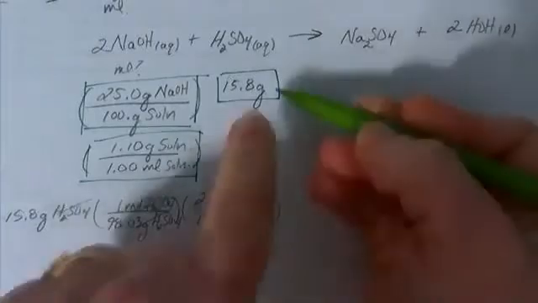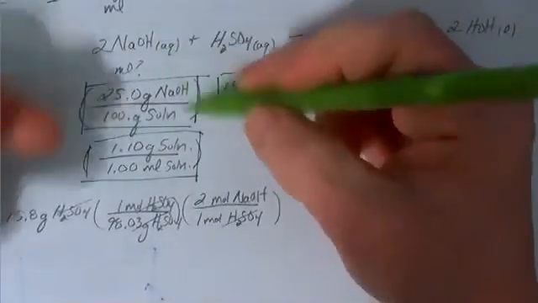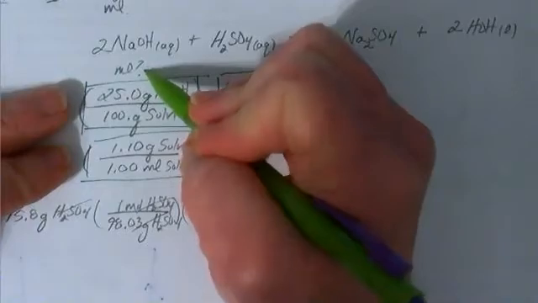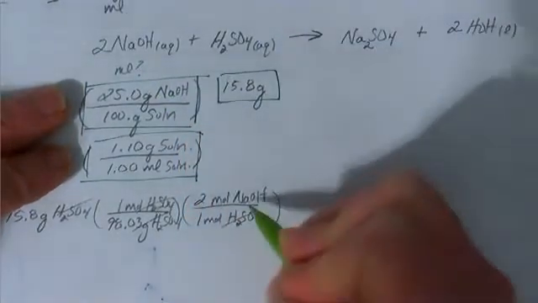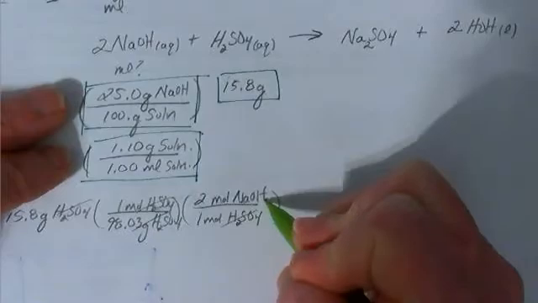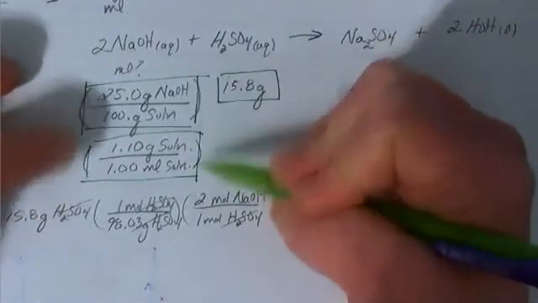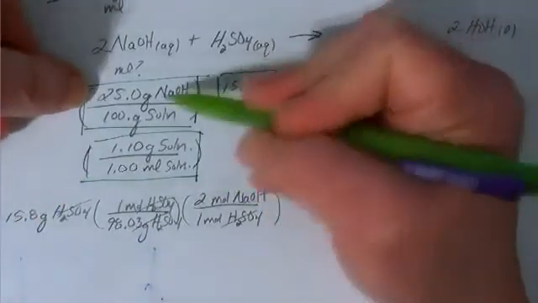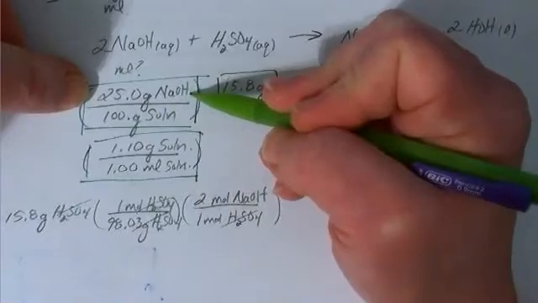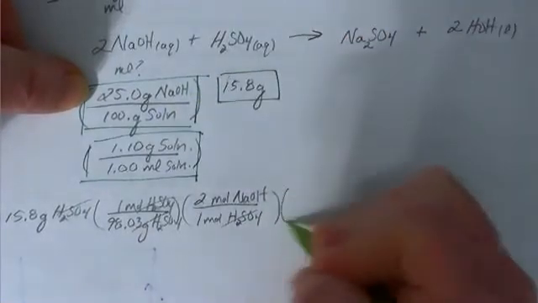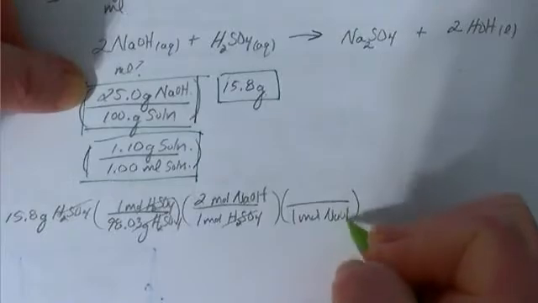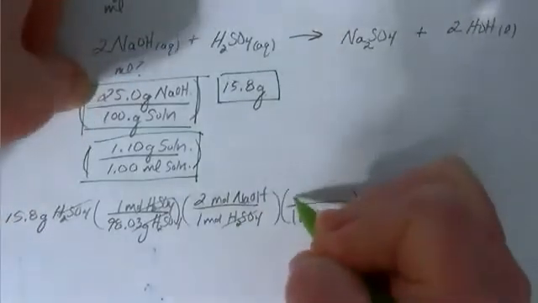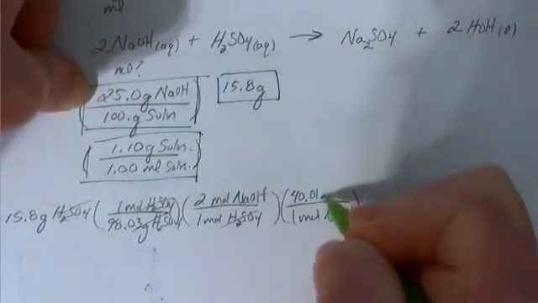Now we're in terms of the NaOH, but I ultimately want to know milliliters of the solution. This is moles of NaOH, and here is grams of NaOH, so let's get this to grams. 1 mole of NaOH is 40.01 grams.